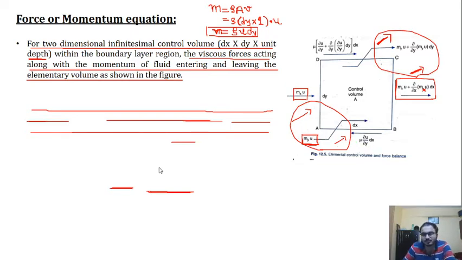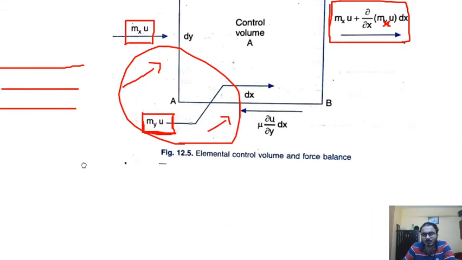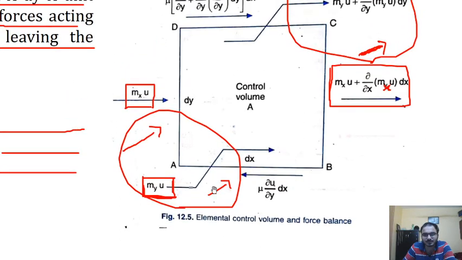here for the shear stress part, that is for face AB, the area is, as this dimension is dx and depth is unity, that's why it will be dx into 1.